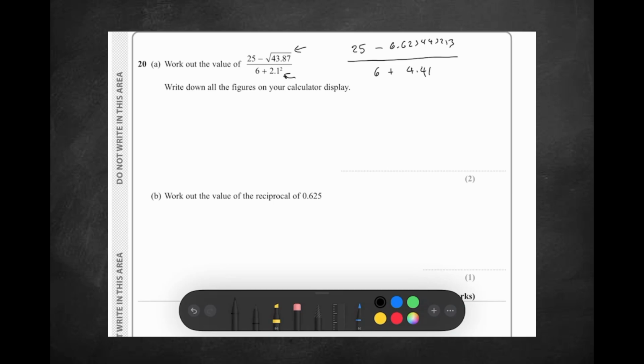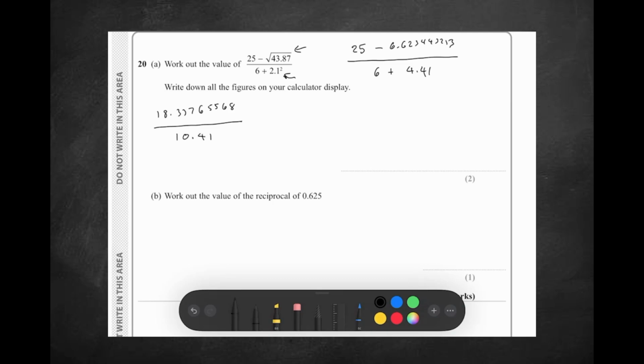So 25 minus 6.623443213, which comes out as 18.3376556. You wouldn't normally need to write down everything on your calculator, but I think the fact that it's said write down all the figures on your calculator, I'm just doing it for completeness. And then the bottom is going to be 6 plus 4.41, which is going to give us 10.41.